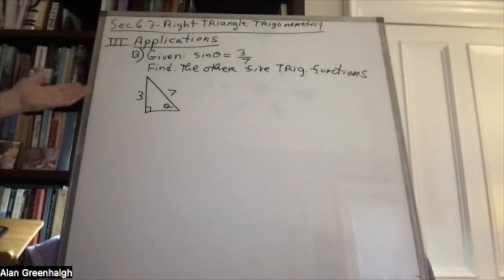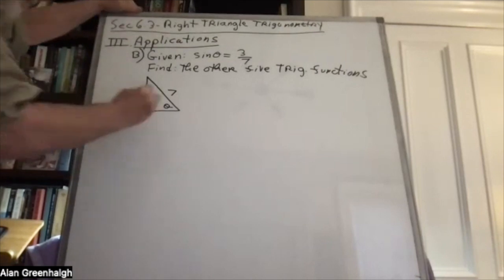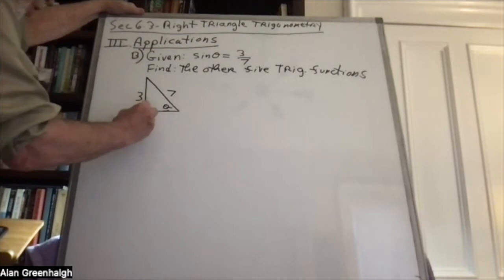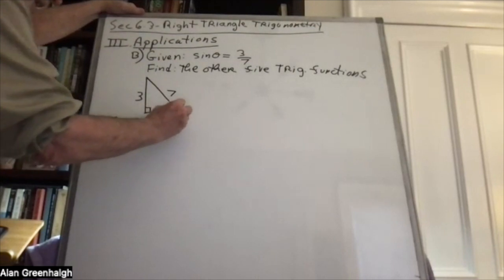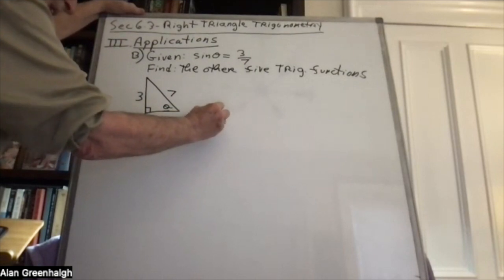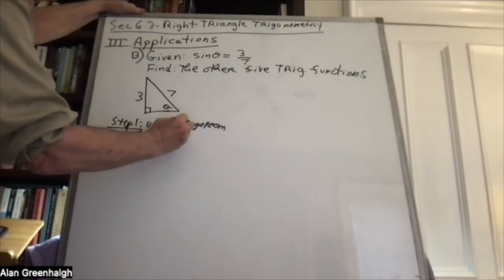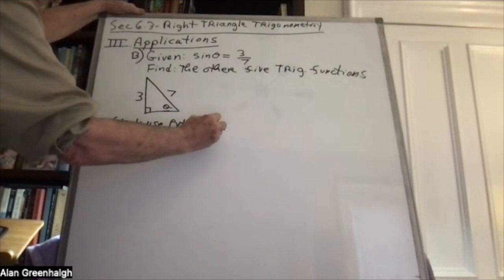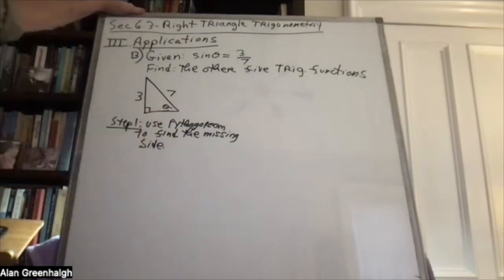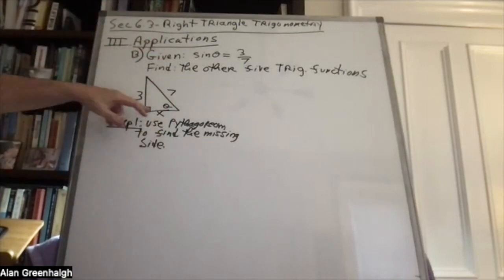If you're going to do that, you're going to have to know what this third side is. So the first thing you do, step 1 in doing this problem, is to use the Pythagorean theorem to find the missing side. If we want to do all the other functions, we need to know all three sides.